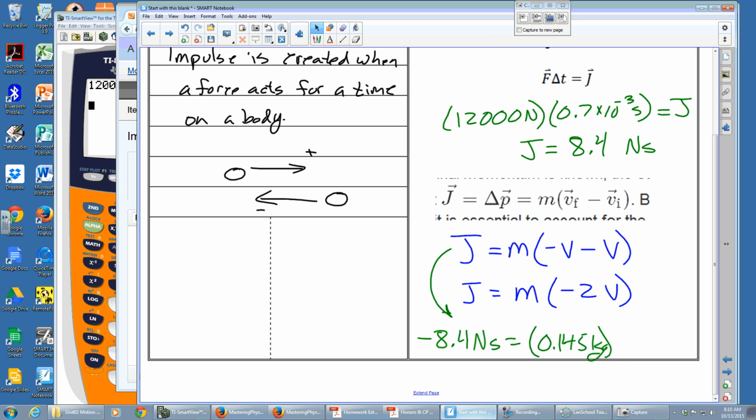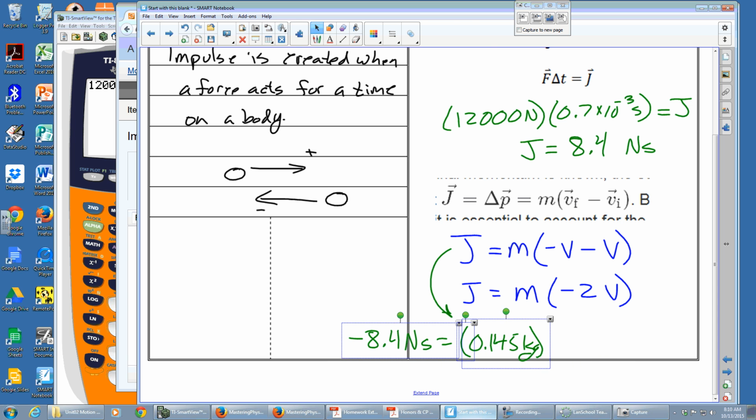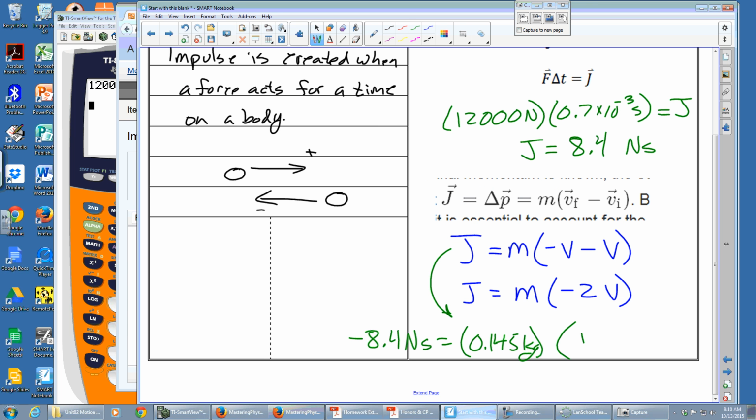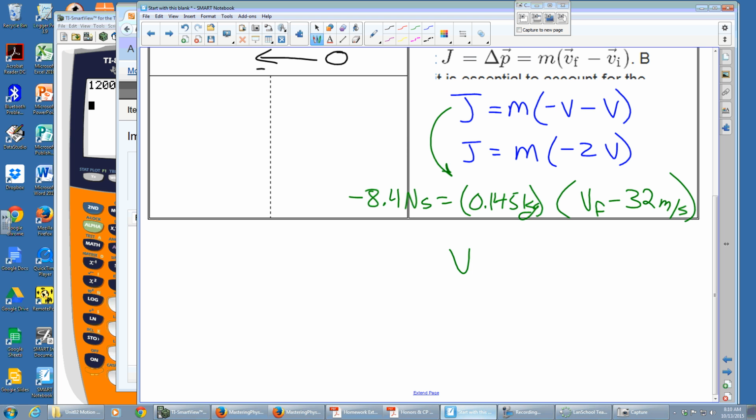They told me, I'm going to move that over, they told me the initial velocity was positive 32. So this is the one I don't know, minus positive 32 meters per second. And they want to know V final. Anyone need help mathematically solving for V final? You're good?